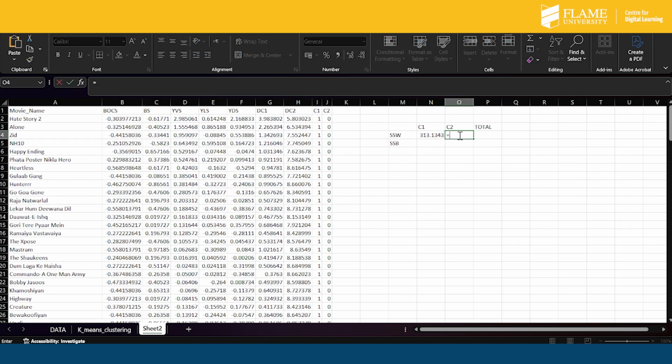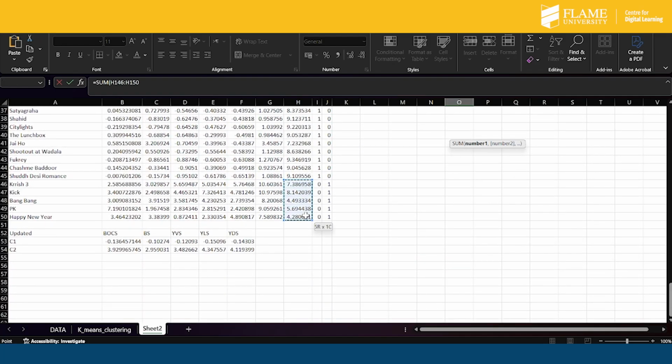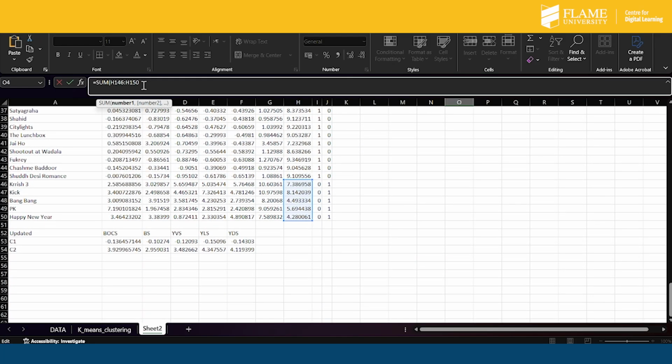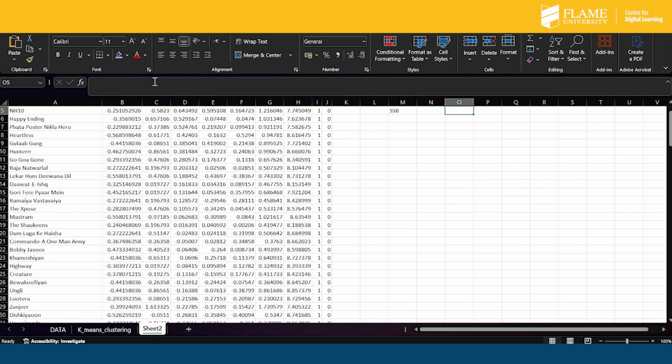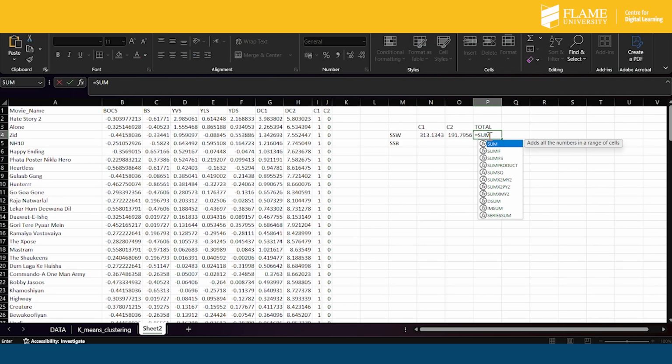Here also the same, sum, and then you go to the members, you put a bracket, again a double bracket, and just take the square of it. So this is the sum of squares within, and this total is the sum of these two values.